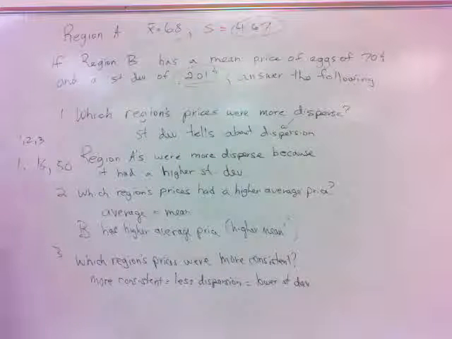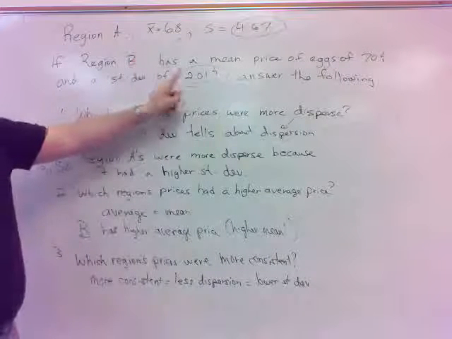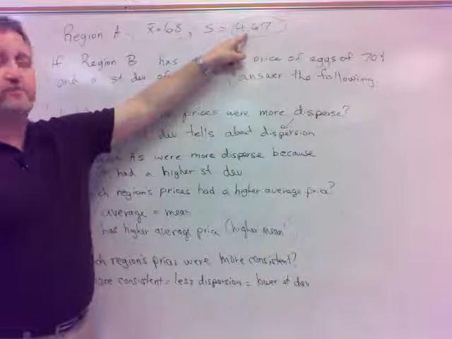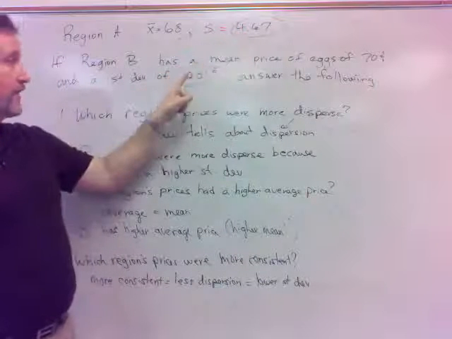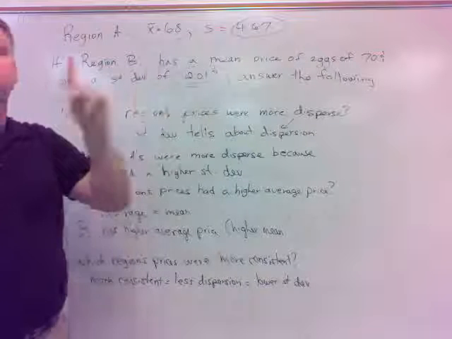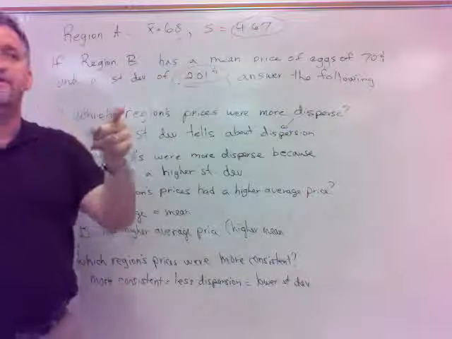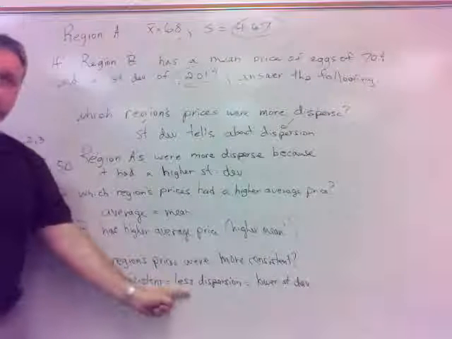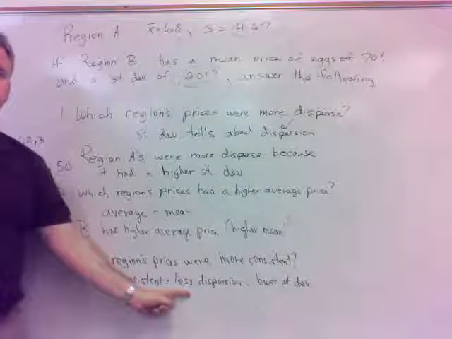B's are more consistent. Why? Its standard deviation is 2.1. A's standard deviation is 4.67. So B's are more consistent because they're less dispersed. And less dispersed means more consistent. So if it asks for more consistency, you want less dispersion. Make sense? So B.